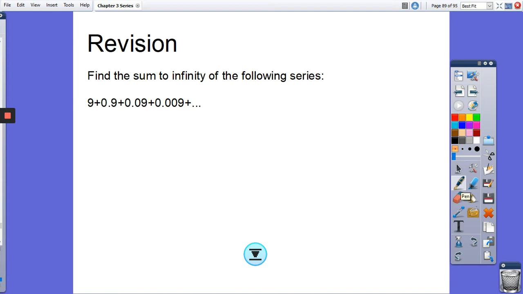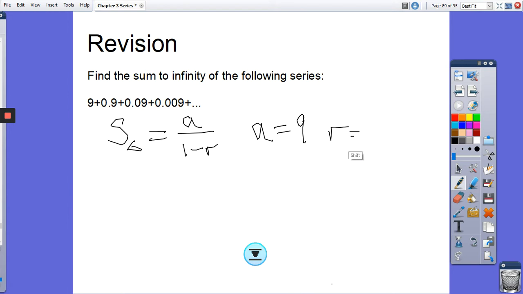Now, if you remember from a couple of lessons ago, the sum to infinity is given by the formula A over 1 minus R. Now, in this case, we can see that A equals 9, R equals 0.1.